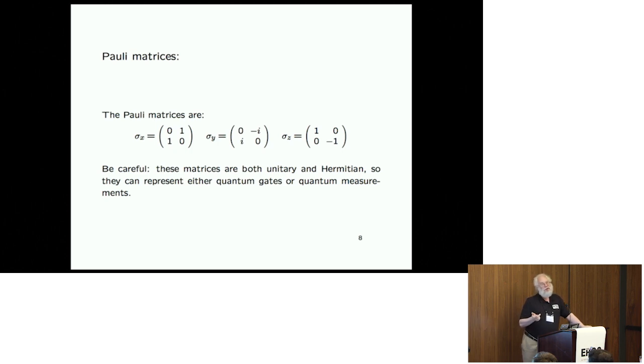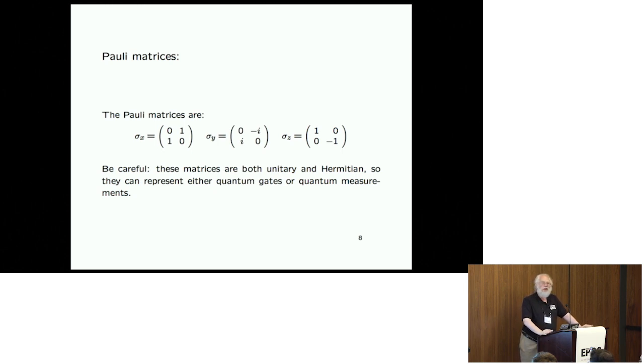If you put in a superposition of 0 plus 1, that's one of its eigenvalues, so it comes out as a superposition of 0 plus 1. And sigma z is the gate that applies a -1 phase to a qubit which has value 1 and a 1 phase to a qubit that has value 0.